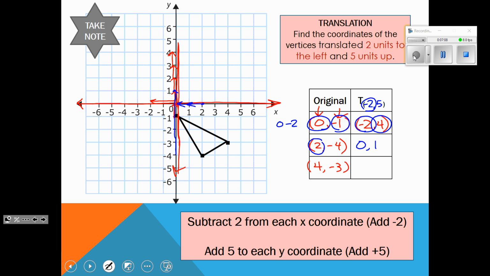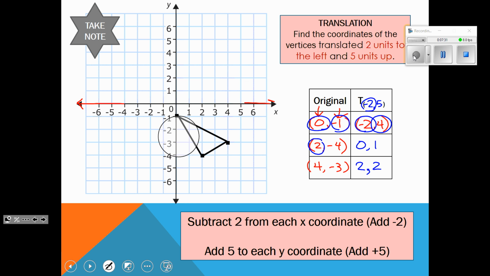The next one we have 4. We started with 4, but we want to go left 2, so 4 minus 2 is 2. And we have -3, but from -3 we want to go up 5, so -3 plus a +5 is a +2. So here's our ordered pairs that we have.